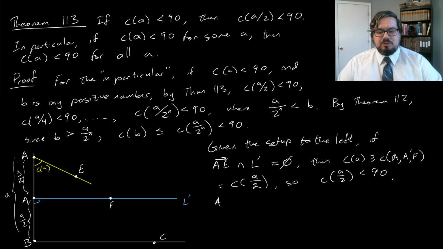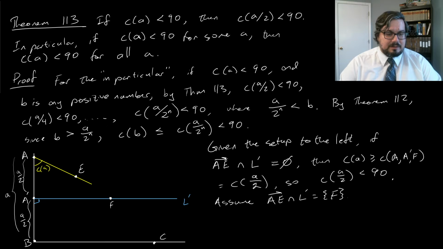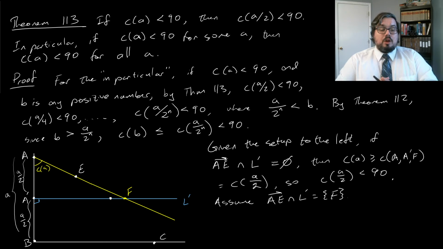So assume that the ray AE does intersect the line L prime at the point F. So let's see what that gives us. Well, I guess I have to move my point F. Okay, so now we want to try to show that the critical number of A over 2 is not 90, and we're going to do that by contradiction.